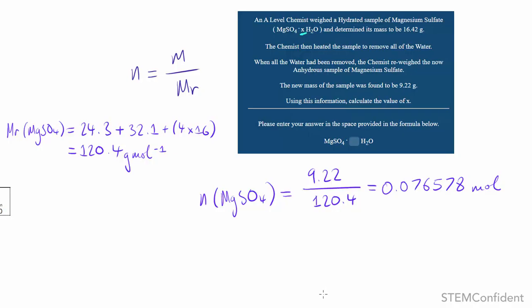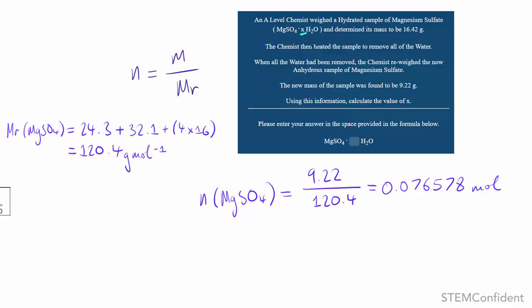Okay, so we've got what the number of moles are for MgSO₄, but really we want to be able to compare this to the number of moles for the H2O, right? And so we need to calculate a molar value for the H2O, specifically when the MgSO₄ and the H2O is in this particular state, right?